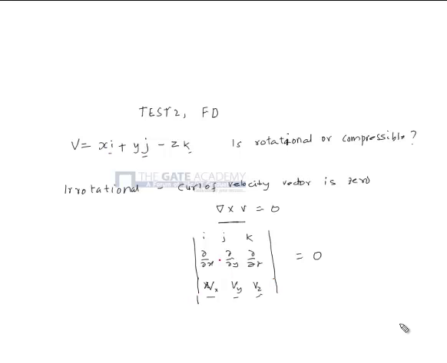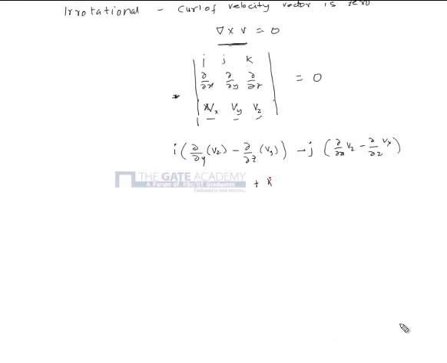Basically the cross product is nothing but the determinant. So let's check whether this becomes 0 or not. We have i times (dou by dou y of Vz minus dou by dou z of Vy), minus j times (dou by dou x of Vz minus dou by dou z of Vx), because that's how you expand this determinant, plus k.